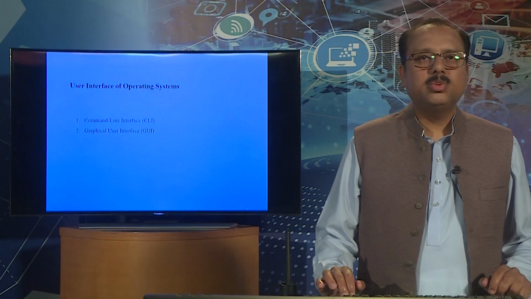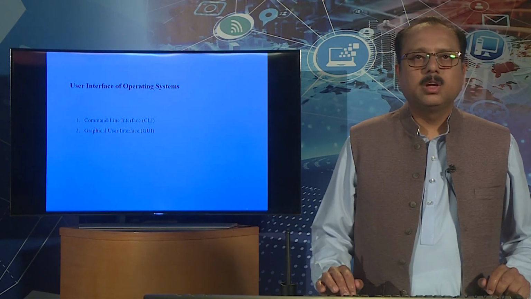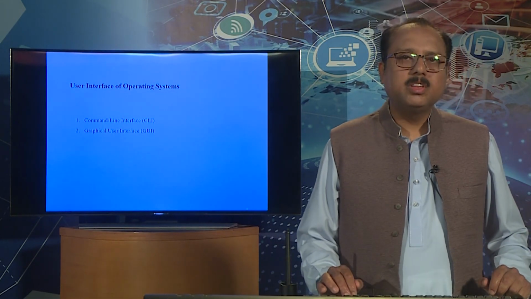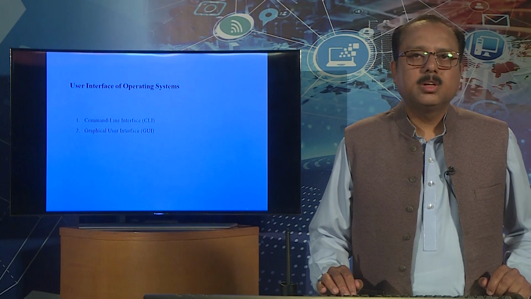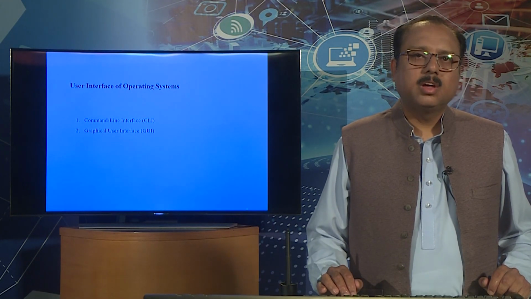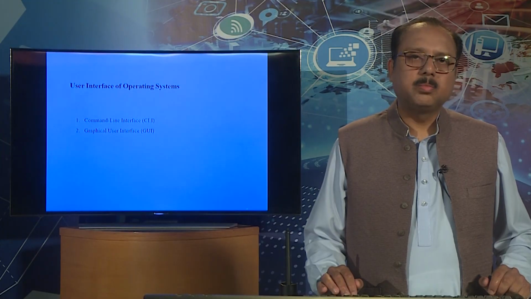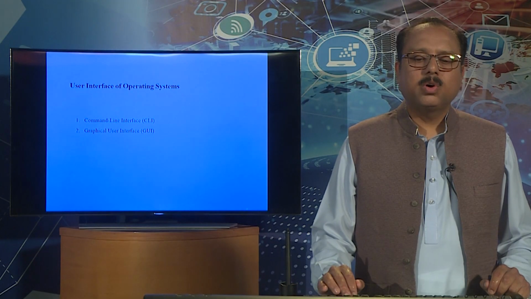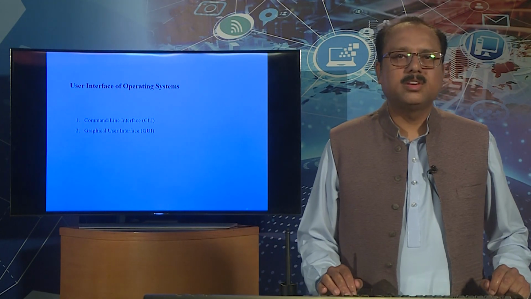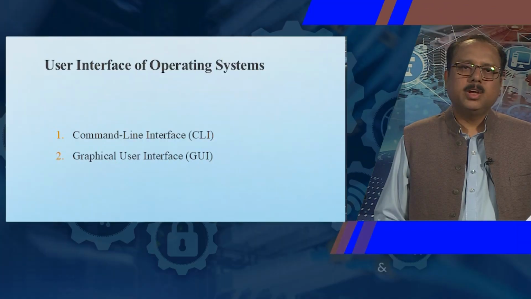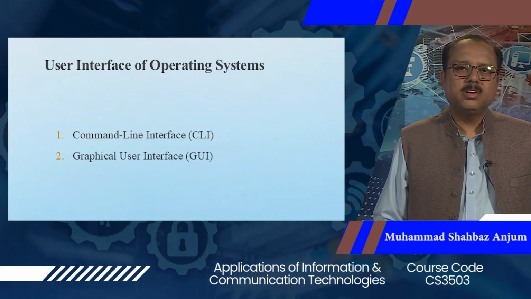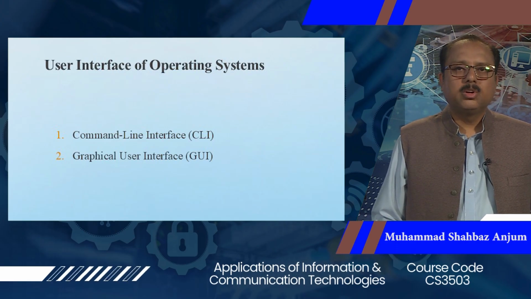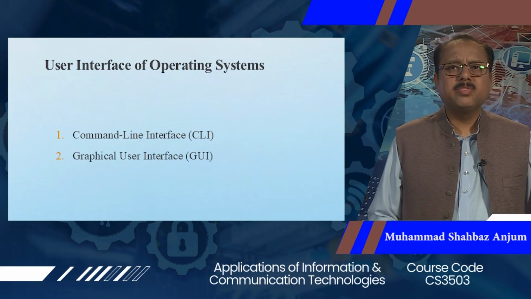Now, we will discuss the user interface of an operating system, which is one of the most visible parts of any operating system, and there are two main types: number one, command line interface, and number two, graphical user interface. First of all, we will discuss the command line interface, that is CLI. In this interface, a command line operating system basically provides a command prompt in order to type different commands.